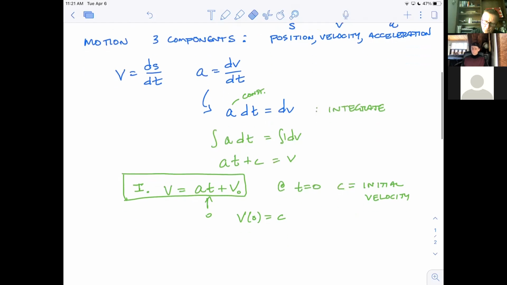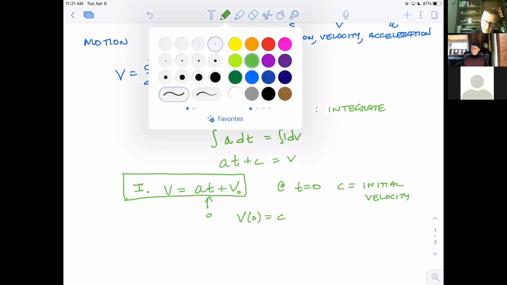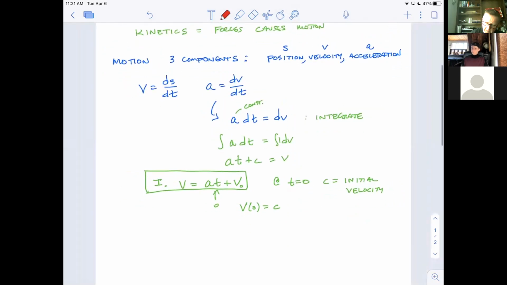But now, let's continue with the second one of these, which is, isn't it also true, using the same logic, that v times dt would be equal to ds?